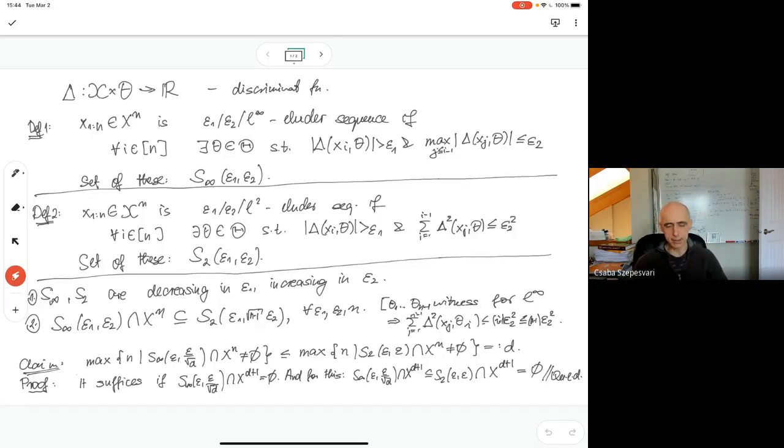And because you are squaring here, you're also squaring this error there, so that they are homogeneous. And the definition is otherwise the same, and you can collect the set of these. Okay, I inadvertently pressed erase.